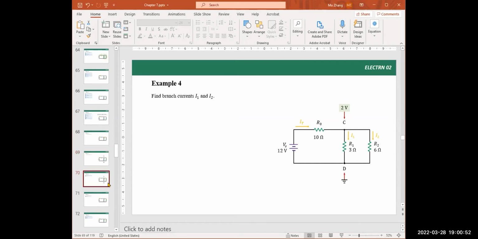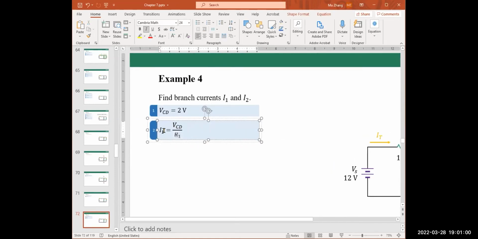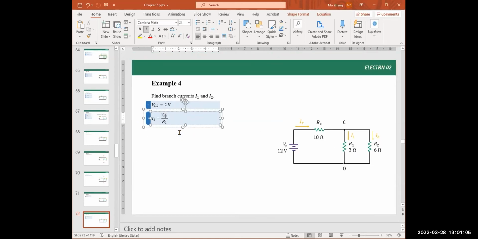Electric current, I, equals voltage over resistance. Current equals V over R. So for the current in the first branch, in this branch, is VCD, the voltage from C to D, divided by R1.